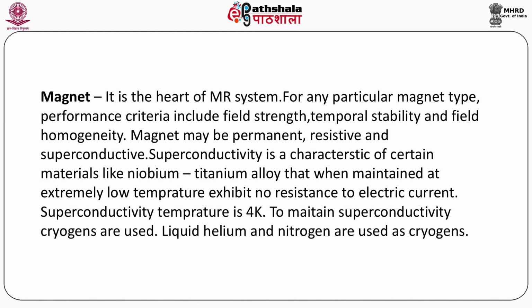Superconductivity is a characteristic of certain materials like niobium titanium alloy that, when maintained at extremely low temperature, exhibit no resistance to electric current. The superconducting temperature is 4 Kelvin, that is -269 degrees Celsius. To maintain superconductivity, cryogens are used. Liquid helium and liquid nitrogen are used as cryogens.